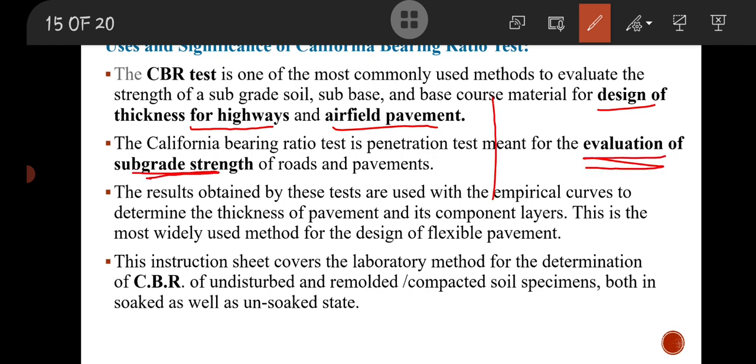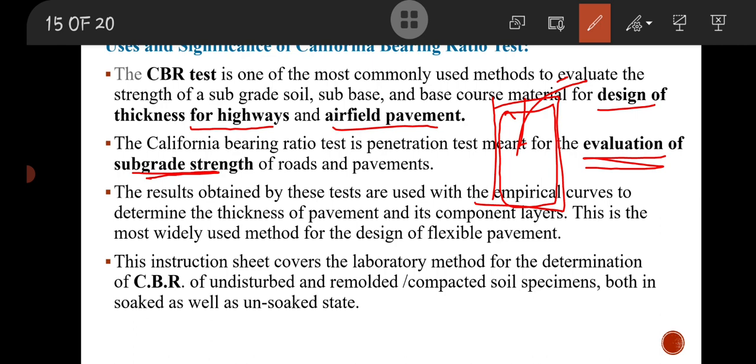Means we have to take a part of the road, test it and determine its strength, that is its subgrade strength. These two are the major things for which we are doing the CBR test.